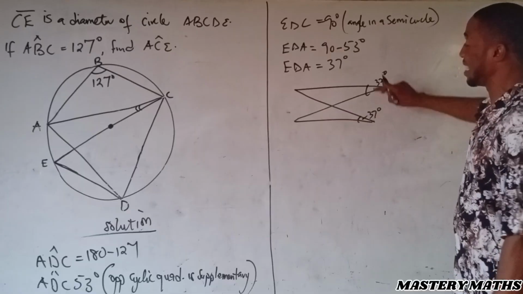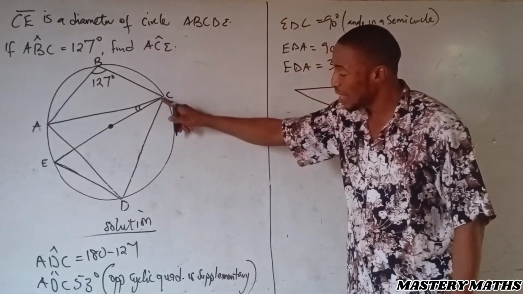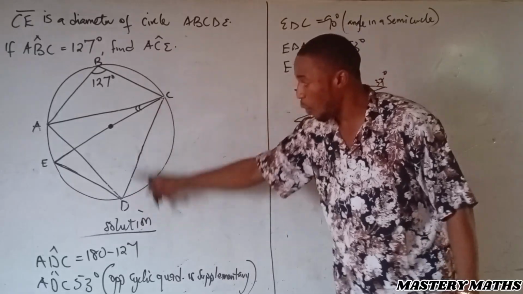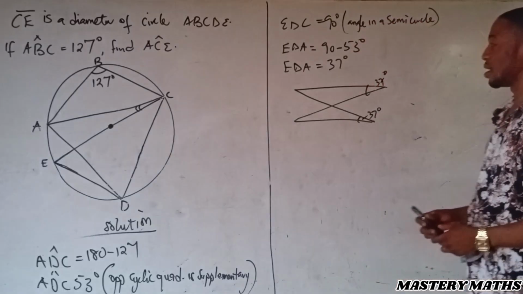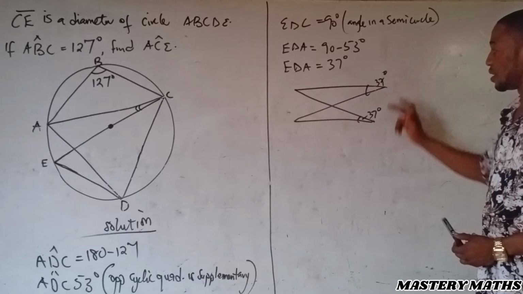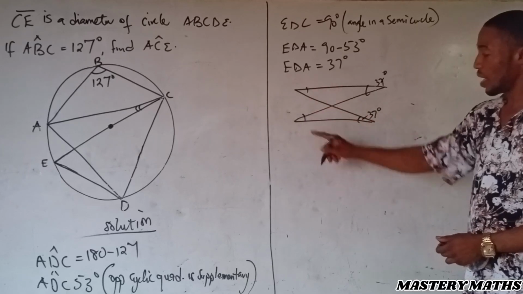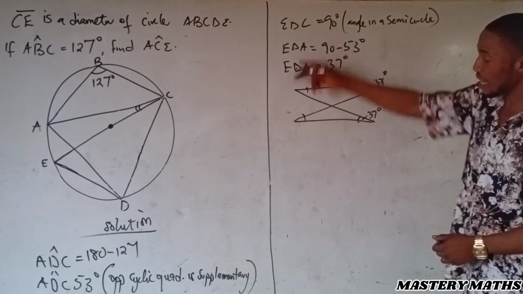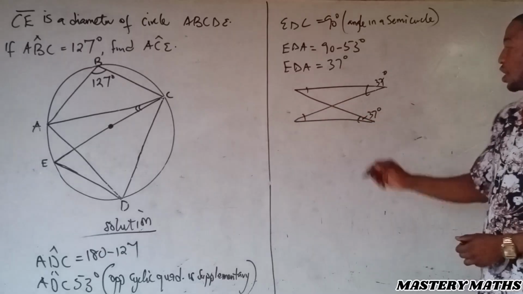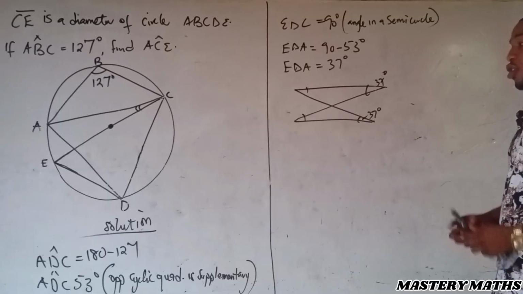Here is 37 and this is 37 because they are in the same segment. Angles in the same segment are equal. When you have two angles facing the same part, both angles will be the same. If one is 37, the other will be 37 because they're in the same segment.